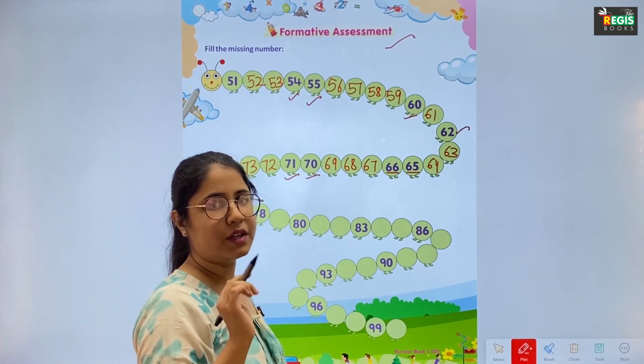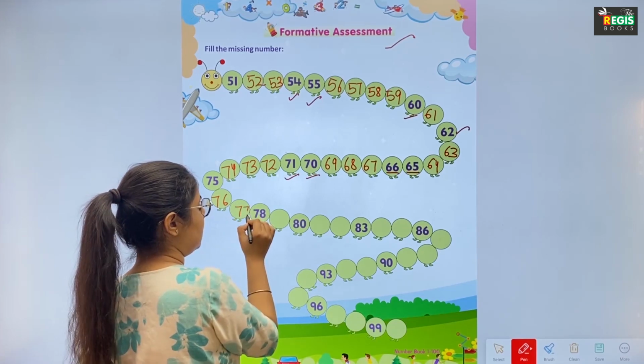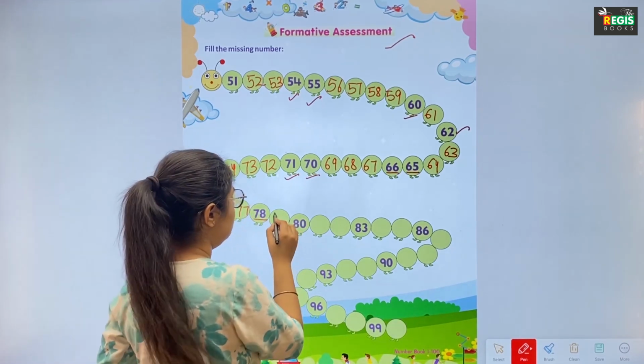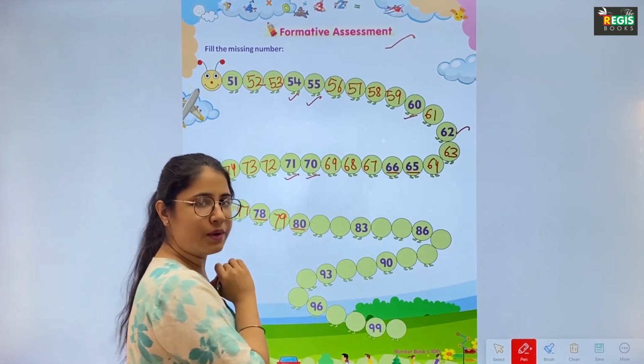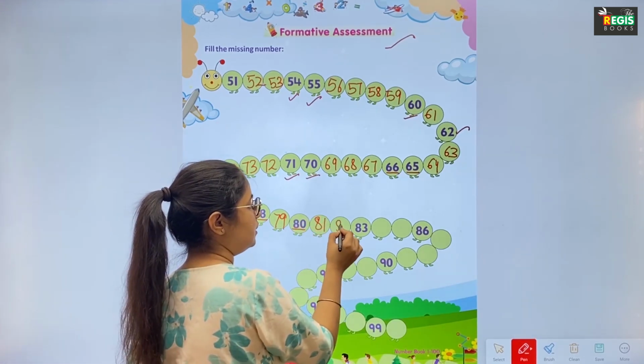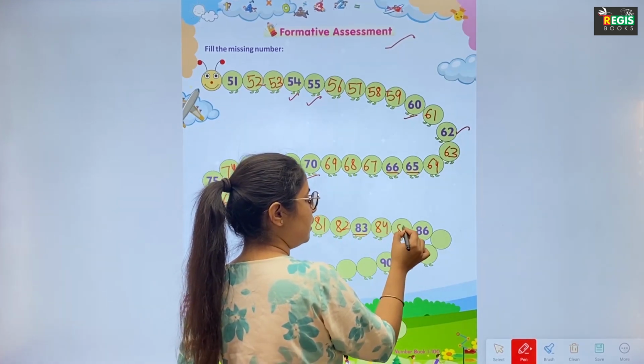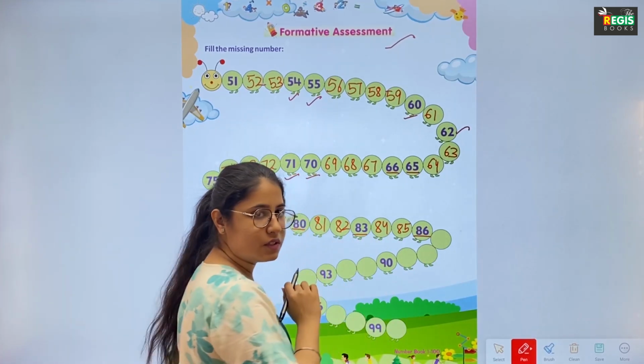After 74 it is 75, then 76, 77, 78, 79, 80. After 80 it is 81, 82, 83, then 84, 85, then 86.